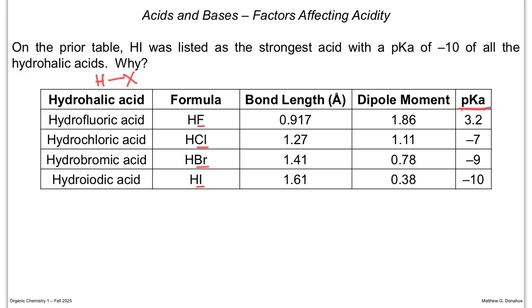You might think that, well, since fluorine is the most electronegative, that should be the strongest acid. There's a couple things going on with this series. The size of the hydrogen stays the same, so that's constant.